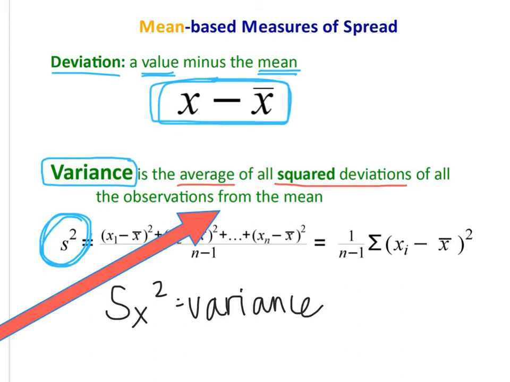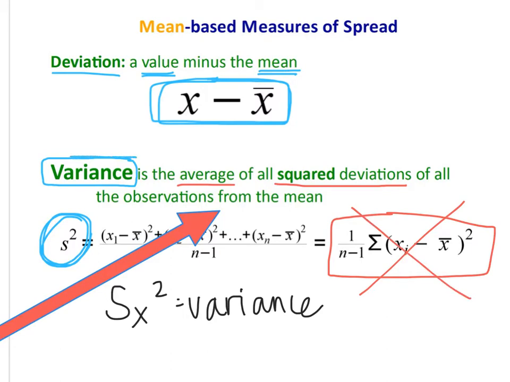Our calculator gives us s, which means we can find s squared. Although this formula is given on the AP exam, we are not going to be using that formula to find the variance. We're going to be using our calculator or a standard deviation that's already given to us.